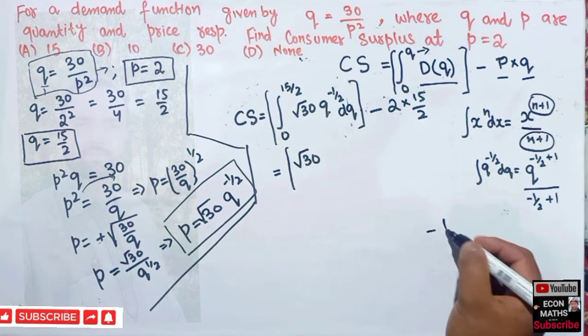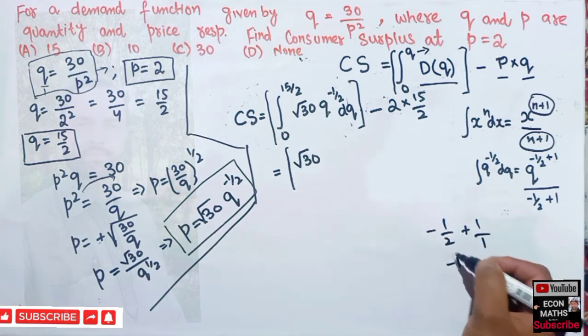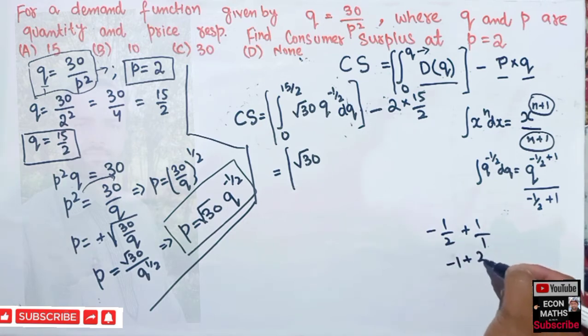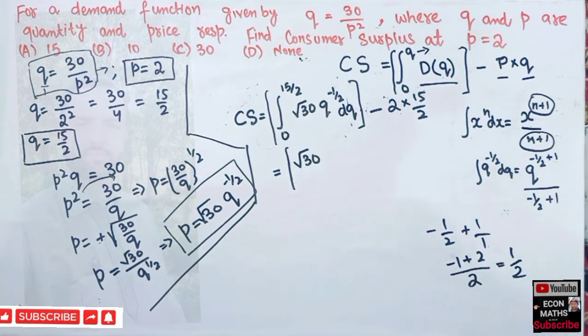So what is minus 1 by 2 plus 1? It is minus 1 plus 2 divided by 2, which is equal to 1 divided by 2.